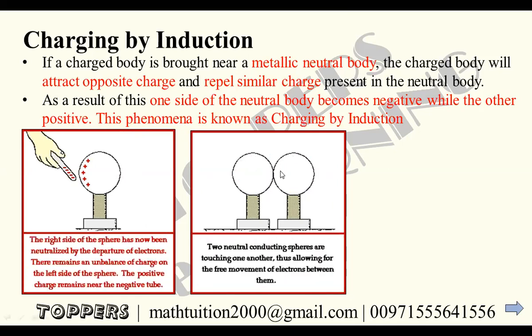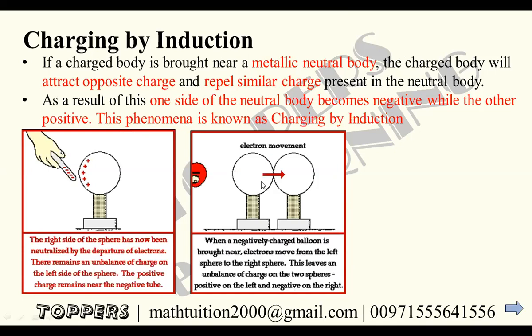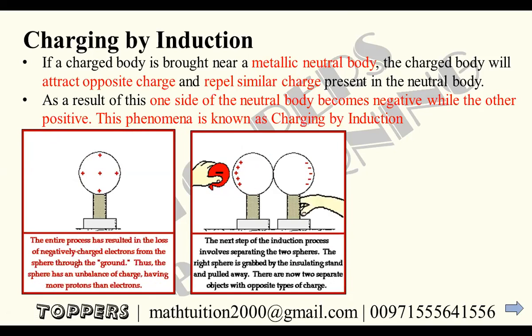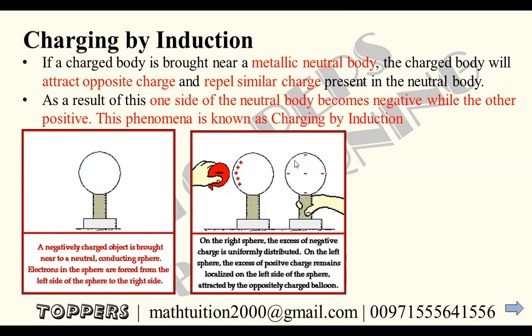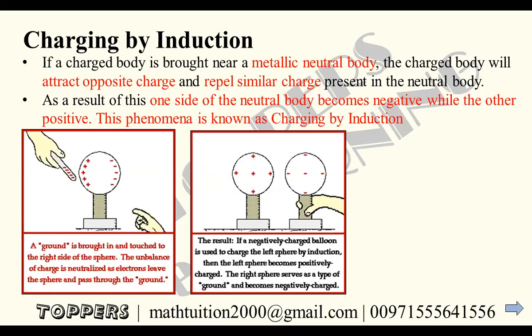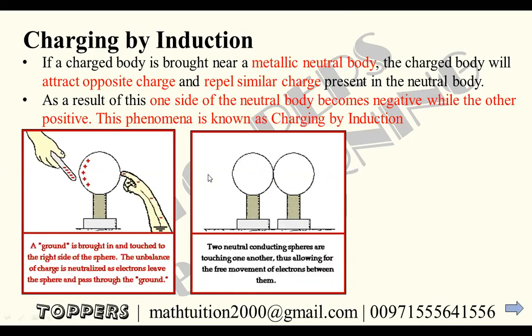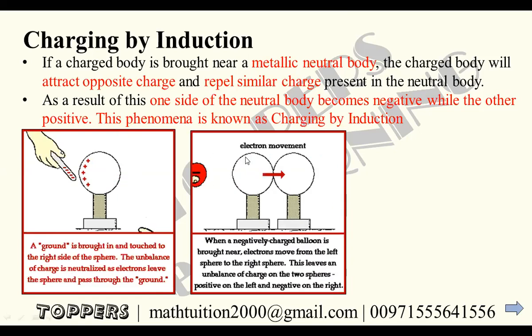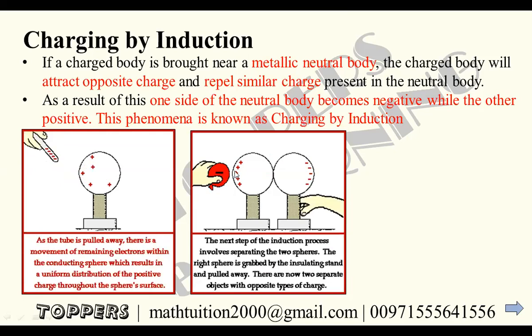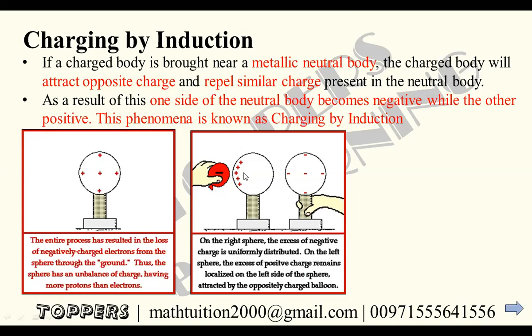After removing their contact, these charges will be uniformly distributed. All the positive charge will distribute uniformly on this object and the negative charge will be distributed uniformly here. So we are getting both bodies charged, one positive and the other negative. But the source, the negatively charged balloon which we bring near this object, we are not touching to the material.